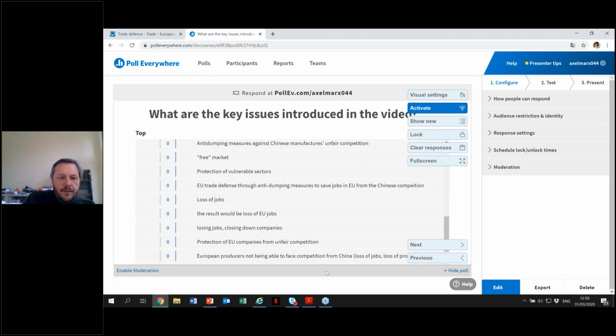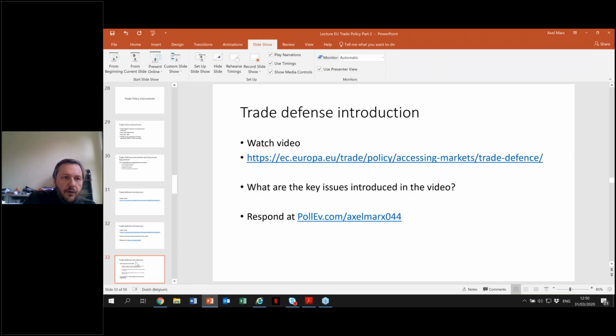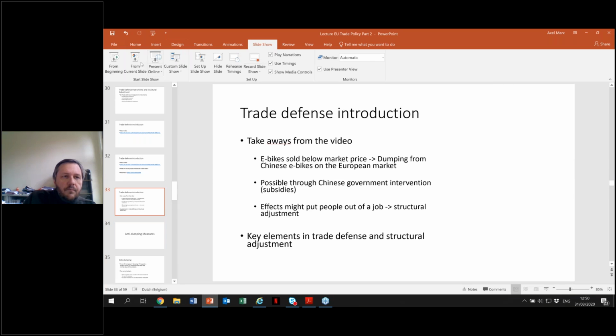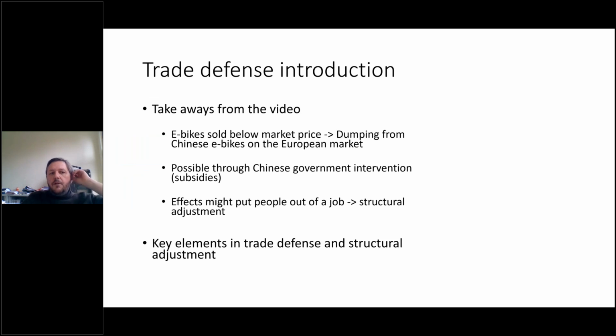So loss of jobs, as mentioned quite a few times. I also think that some of the main takeaways are indeed that e-bikes are sold below the market price, which was made possible by government intervention, the subsidies, but also by the provision of certain parts of making e-bikes very cheaply.